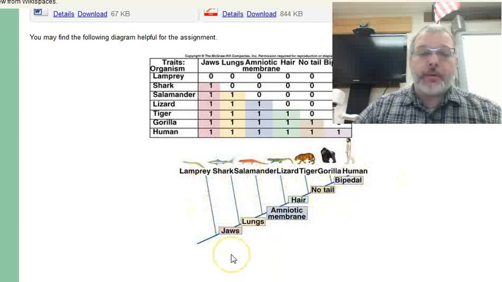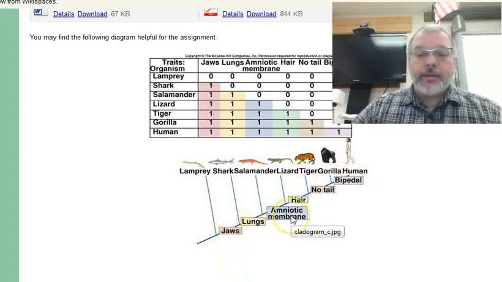Using Darwin's thinking on evolution or origin of species, common ancestor right here. But then there arose a new one. You see these: jaws, lungs, amniotic membrane, hair, no tail, and bipedal. Each one of these represents a new ancestor that gave rise to this new trait.